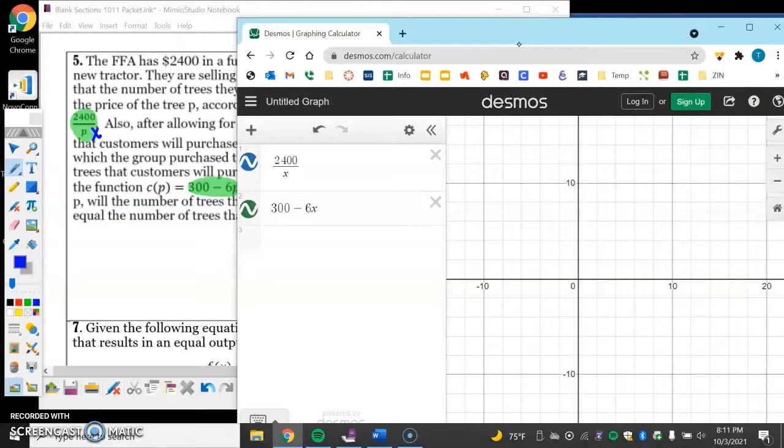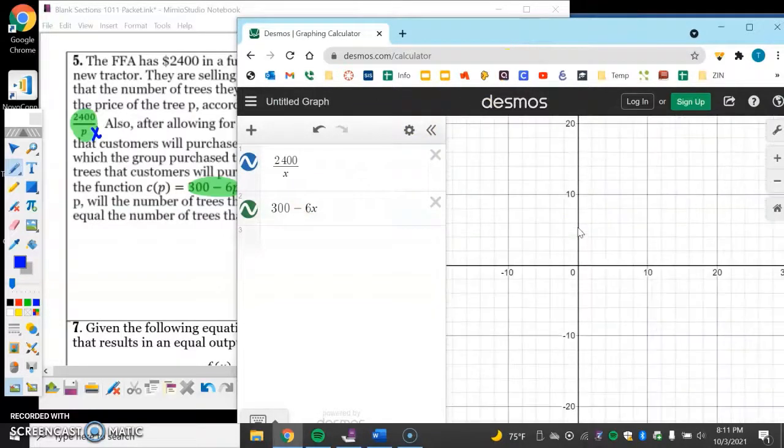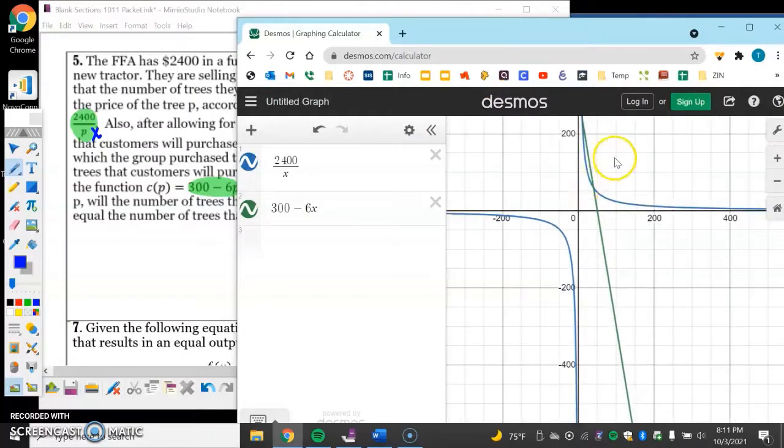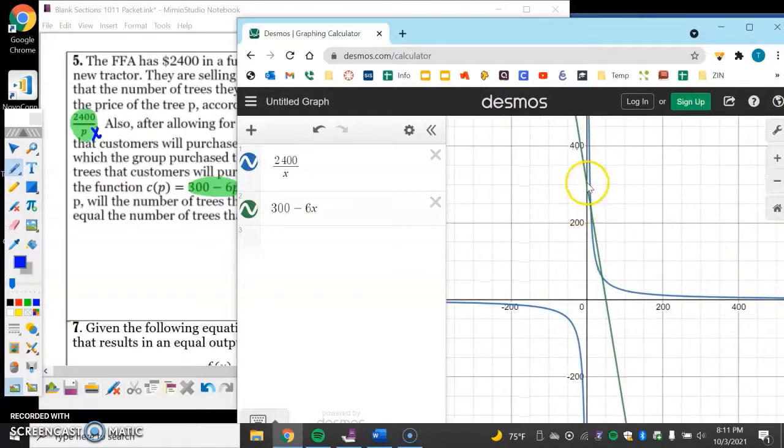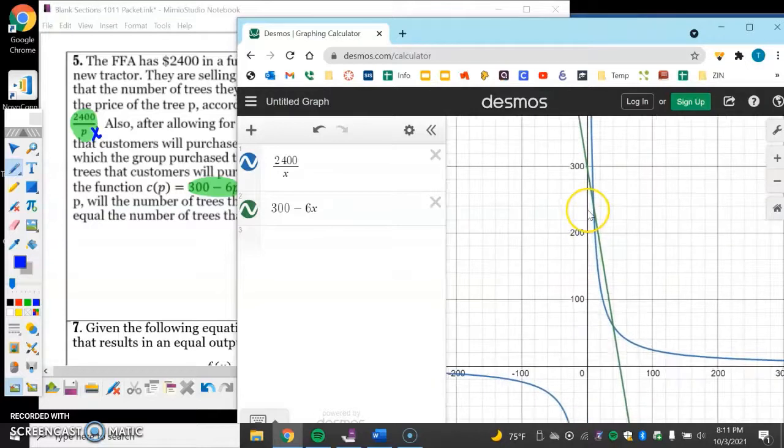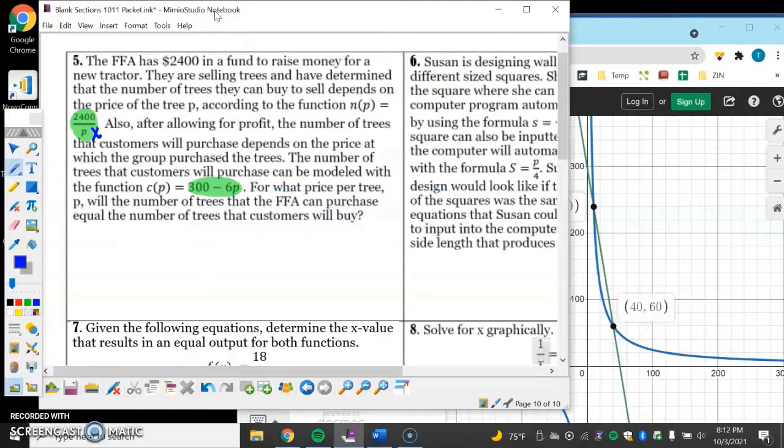I know that the 300 is going to be a very high y-intercept. So that's why we needed to zoom out. All right, I can see an intersection here and an intersection here. There's 2 intersections.